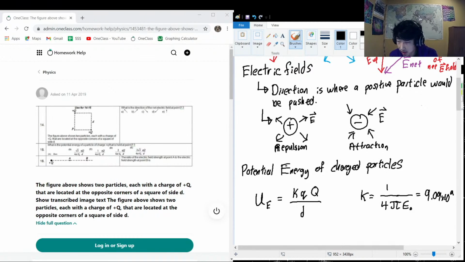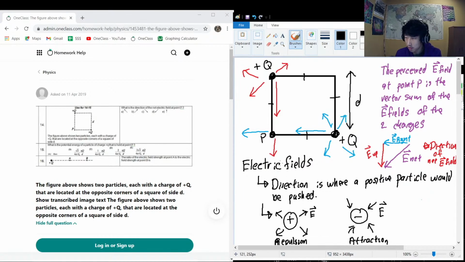So when it's asking us, what is the potential energy of a charged particle held at point P? Well, let's think about point P. There's going to be a contribution of potential energy from the top and a contribution of potential energy from the right one right here. When we want to add them together, we also realize that they're on corners of a square, so they have to be an equal distance away.